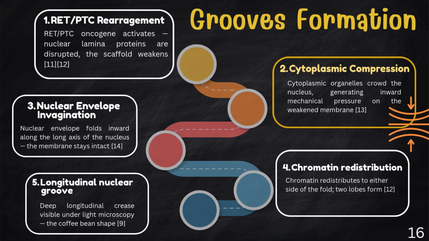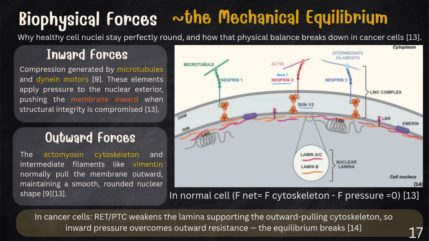After the activation of the RET-PTC gene, there is cytoplasmic compression and biophysical force generating inward mechanical pressure on the weakened membrane. For the biophysical force, there are two forces that maintain the nucleus staying perfectly round, which are inward force and outward force.